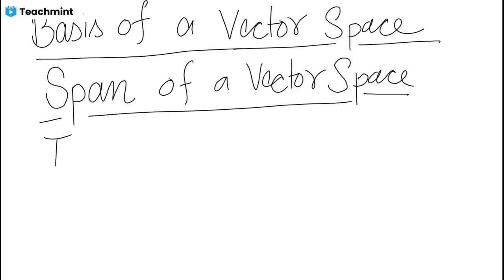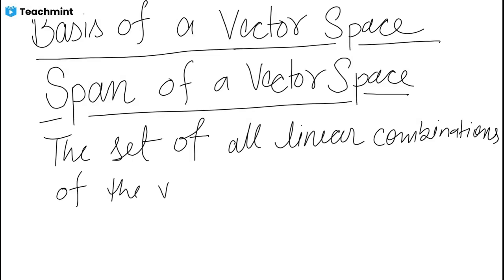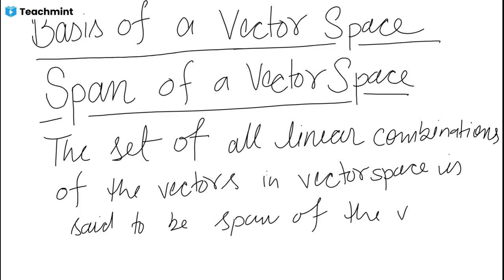The set of all linear combinations of the vectors in a vector space is said to be the span of the vector space.